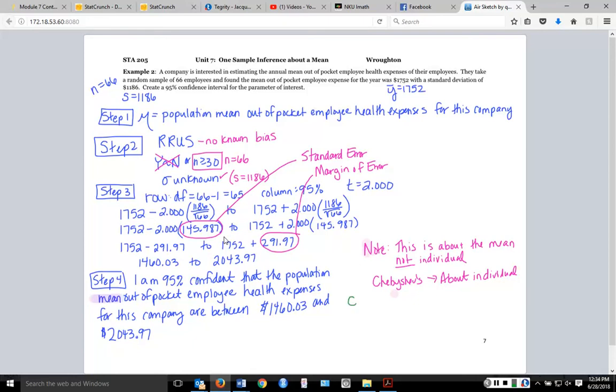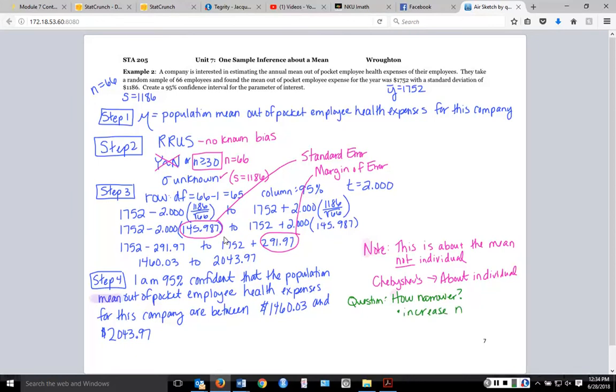A question for you to see what you remember. This interval here is kind of wide. 1,460 to over 2,040, so we're about almost a $600 width of an interval. It's pretty wide. So how could I make this interval narrower? There were two different ways I could do that.